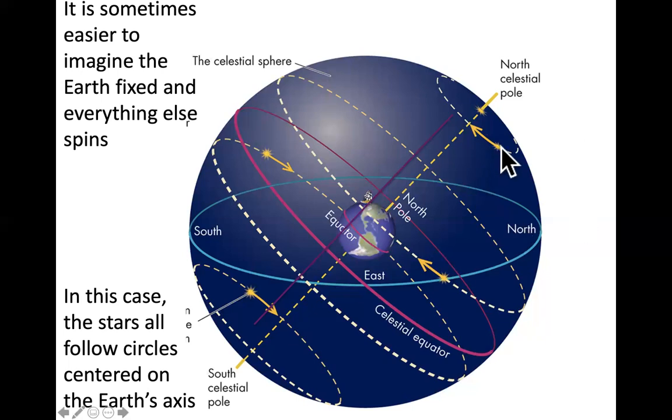We see little circles because basically each of these stars is moving on a little circle about this axis. So the ones near the North Pole or even the South Pole, if you're there, look like circles. Whereas stars at greater distances, at basically different latitudes, move on larger circles.